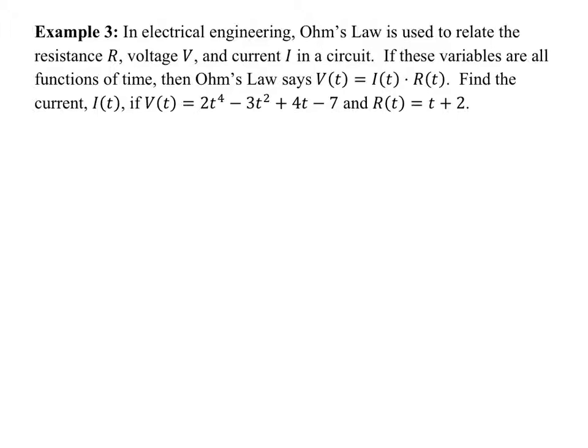resistance equals t plus 2. So we're looking at something where it's a function of time. Our goal is to figure out what is the current function in this problem. What is the current function I of t? All right, so I know the law is stated right here. So start by writing this out.